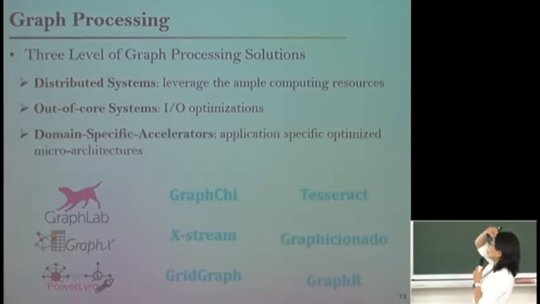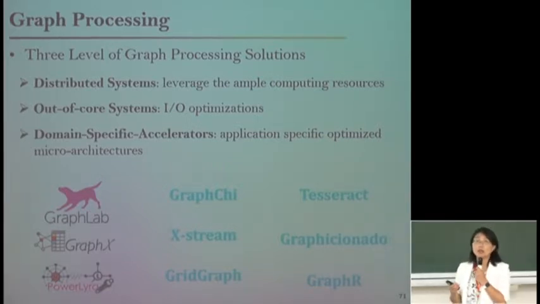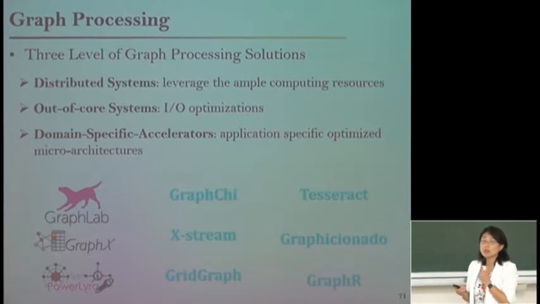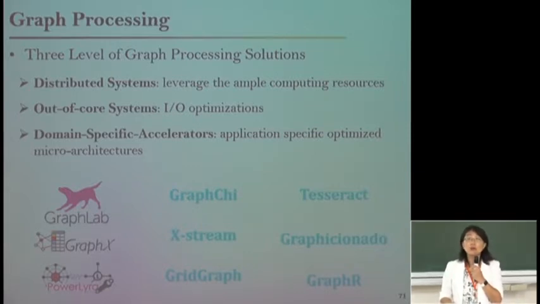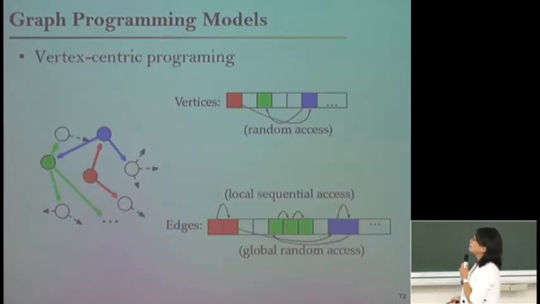Domain-specific accelerators are for applications, where we try to improve the microarchitectures. Well, of the three levels from top to bottom, for conventional computing platforms there are a lot of works in the area already.